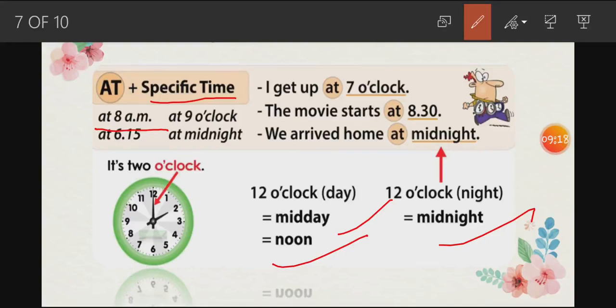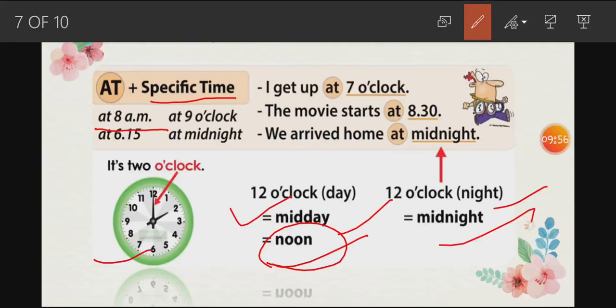When you look at a clock, when both of the hands are together, it means 12 can be in the daytime, 12 can be at night. So midday, midnight, noon all refer to a specific time, that is exactly 12. That's why we write at before midday, noon or midnight. So here you can see the example.